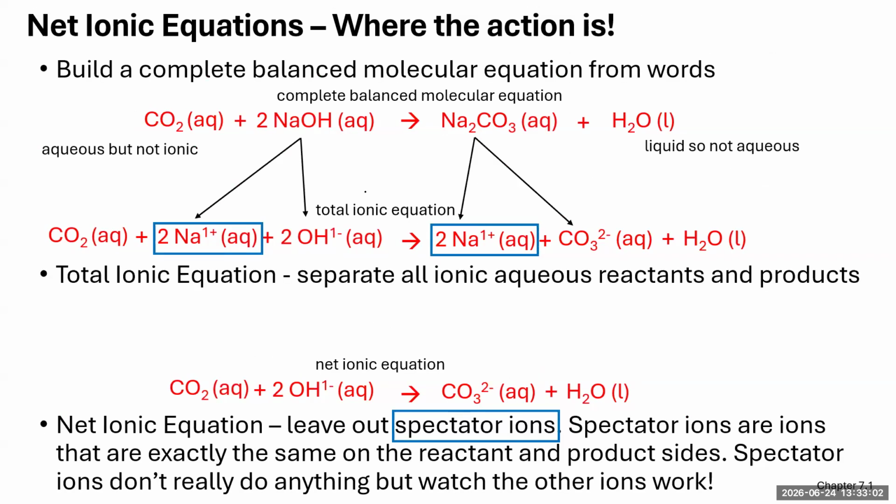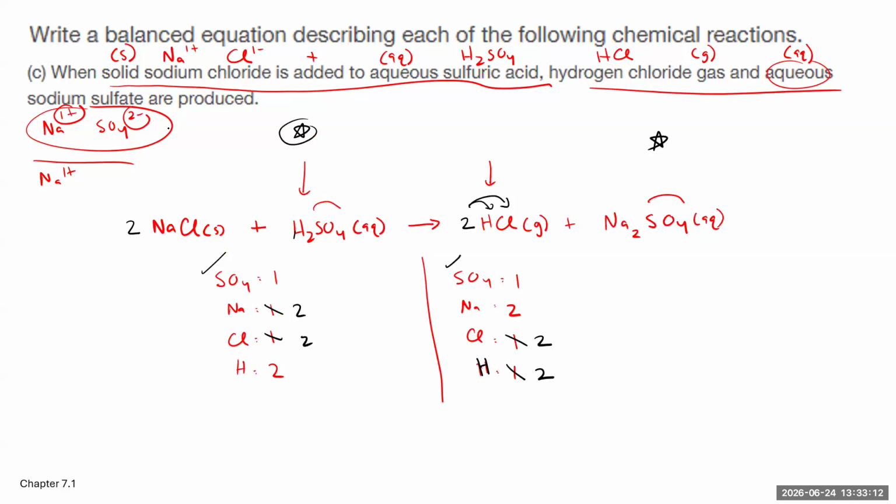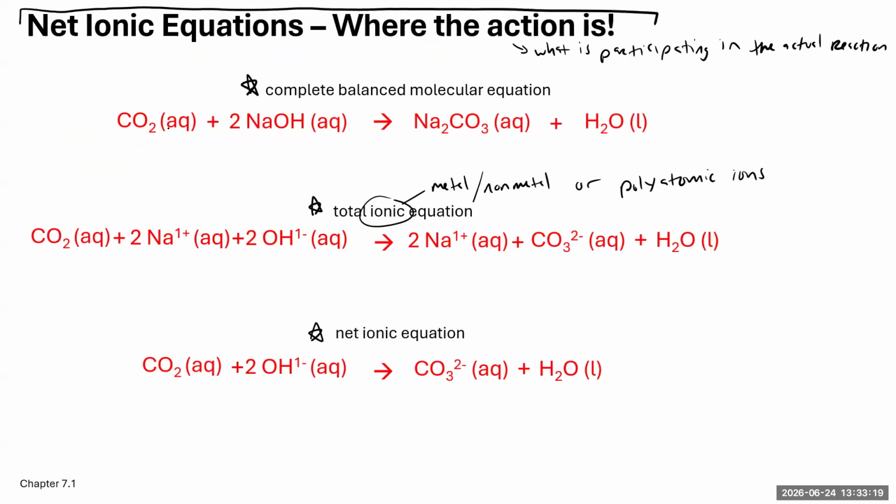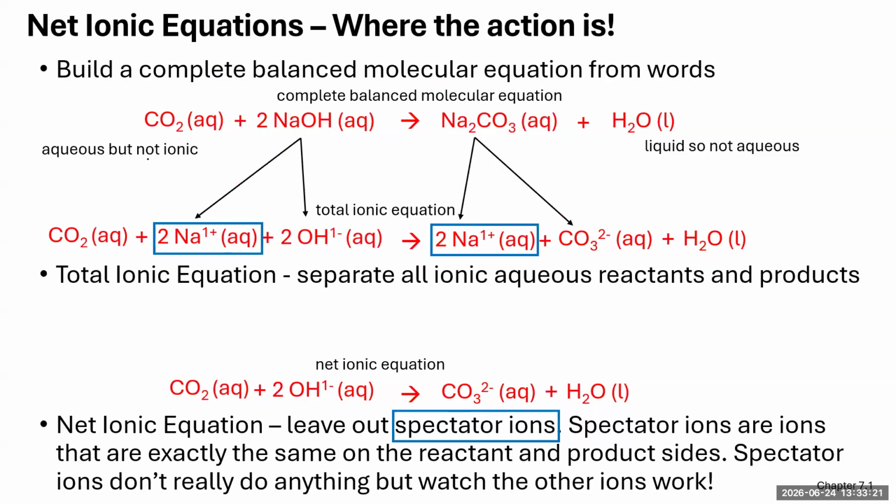All right, let's take a look here. This is not the same equation as before. It's totally different, but similar. It's the one before that, the carbonic acid one. We're going to remember to separate aqueous ionic reactants and products.